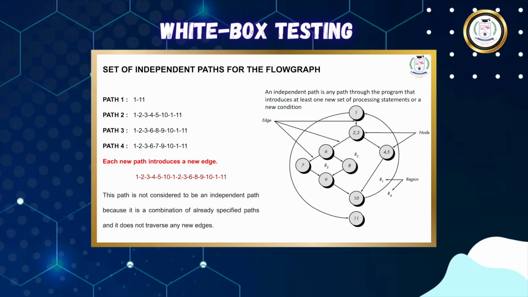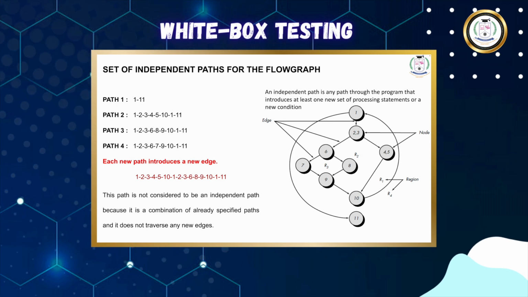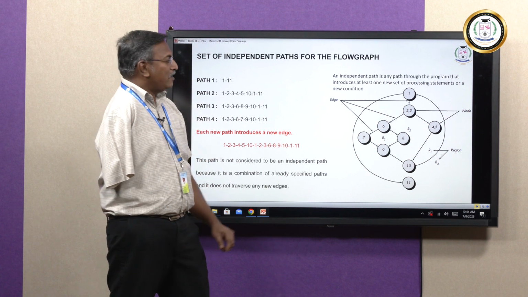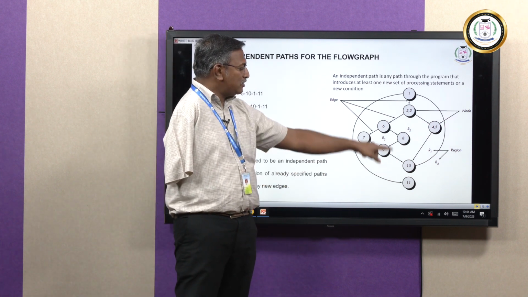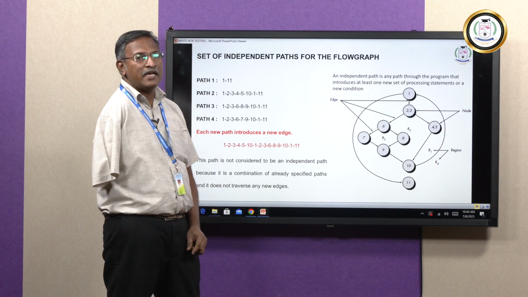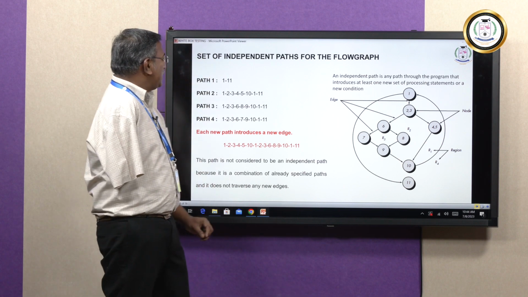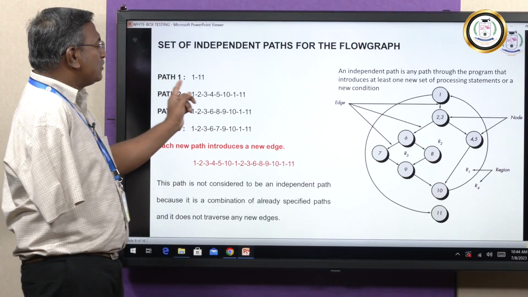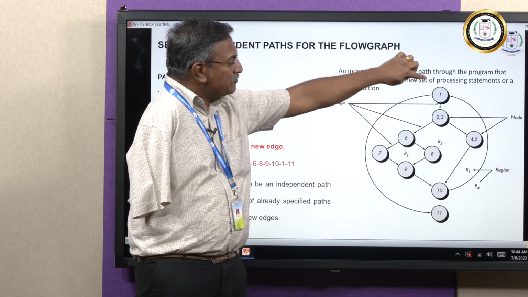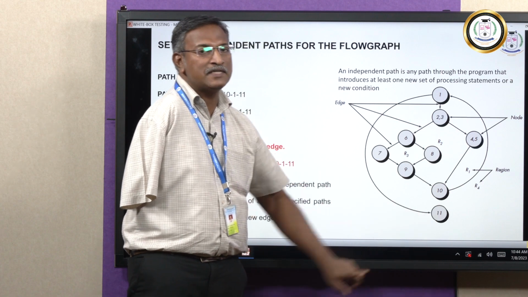Now we are going to see how many independent paths are available in that particular flow graph. From the starting node to the ending node, there should be at least one new condition or new processing statement. If you consider path 1, it is node 1, which is the starting node, and node 11, which is the ending node.